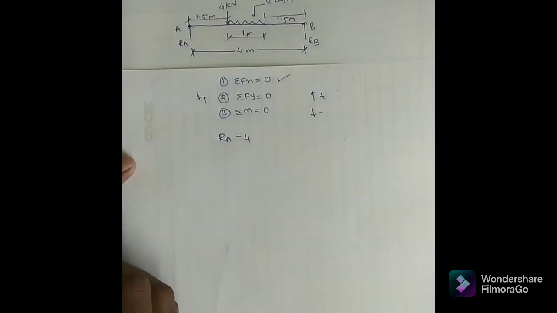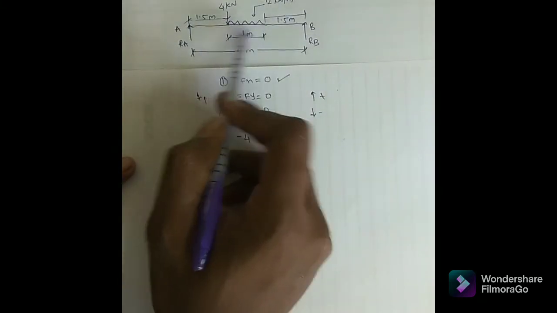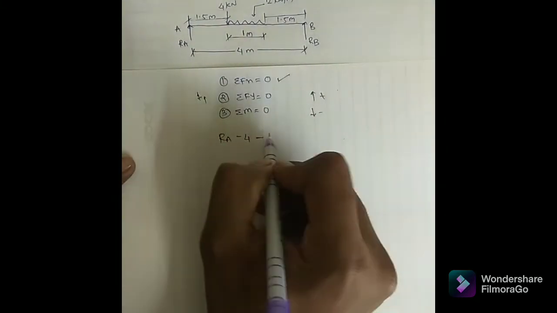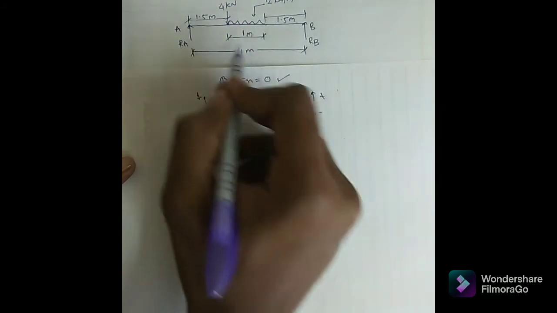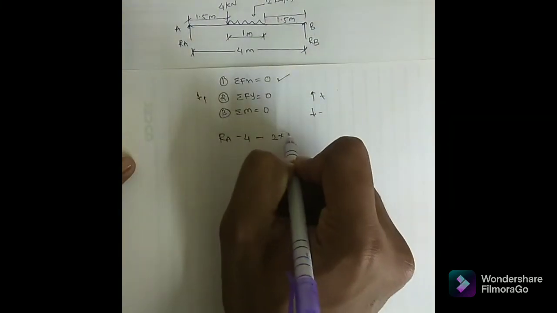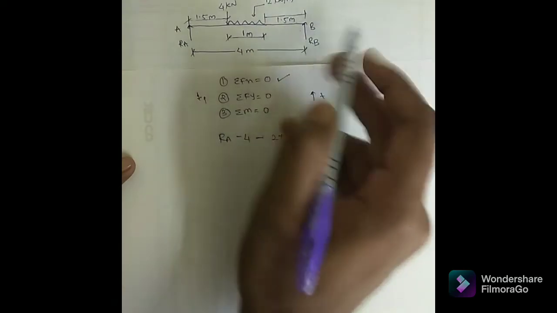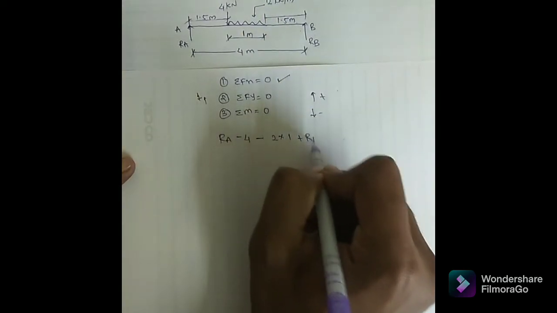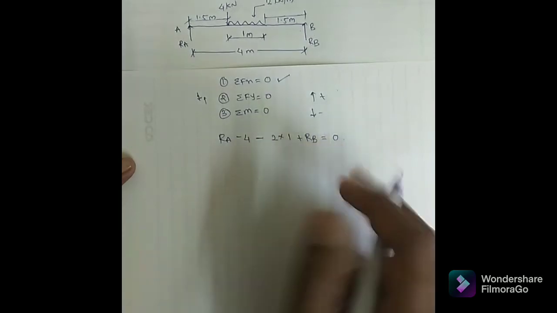4 kilonewton is in downward direction, hence minus. Then 2 kilonewton per meter UDL is there. Whenever UDL is there, we have to multiply this intensity with the span on which it is acting, 2 into 1. Also in downward direction, and RB in upward direction, hence plus RB is equal to 0 because of the equilibrium equation.